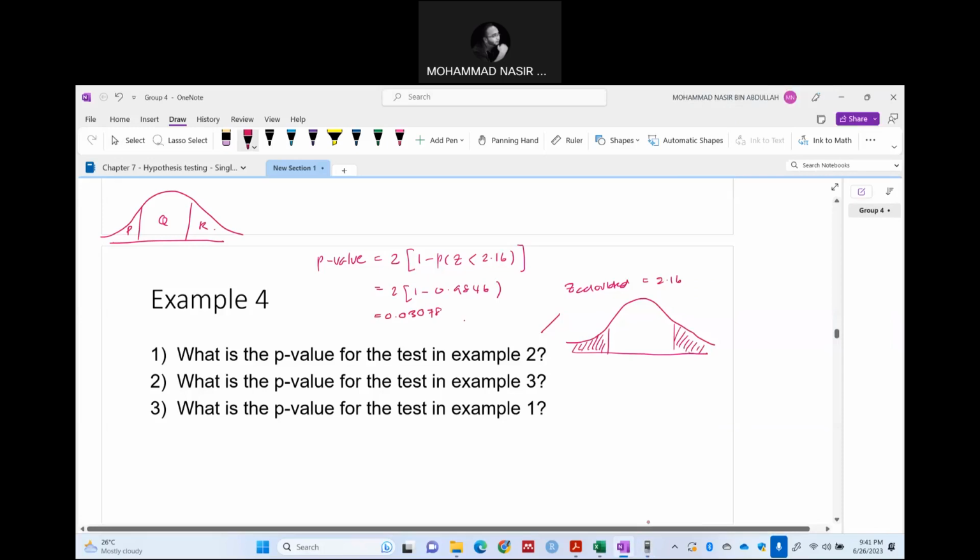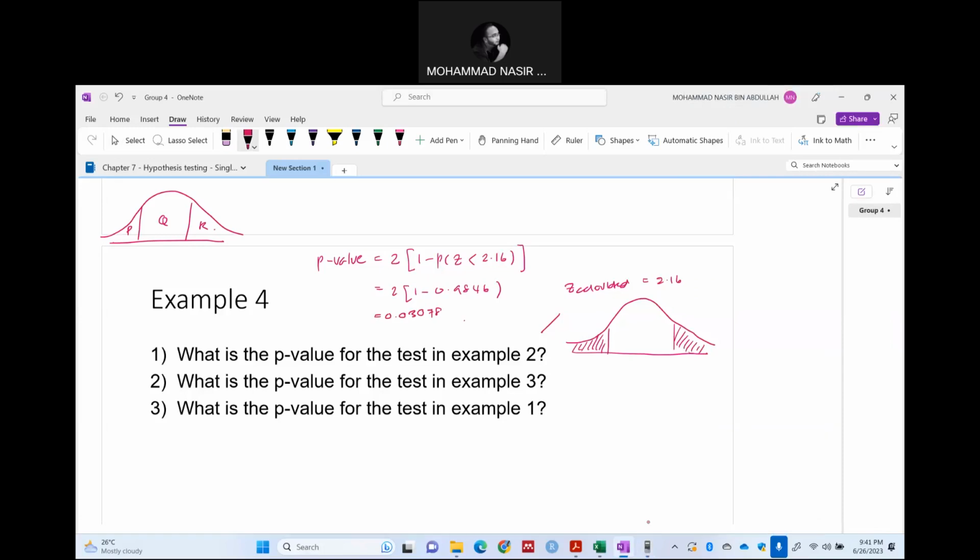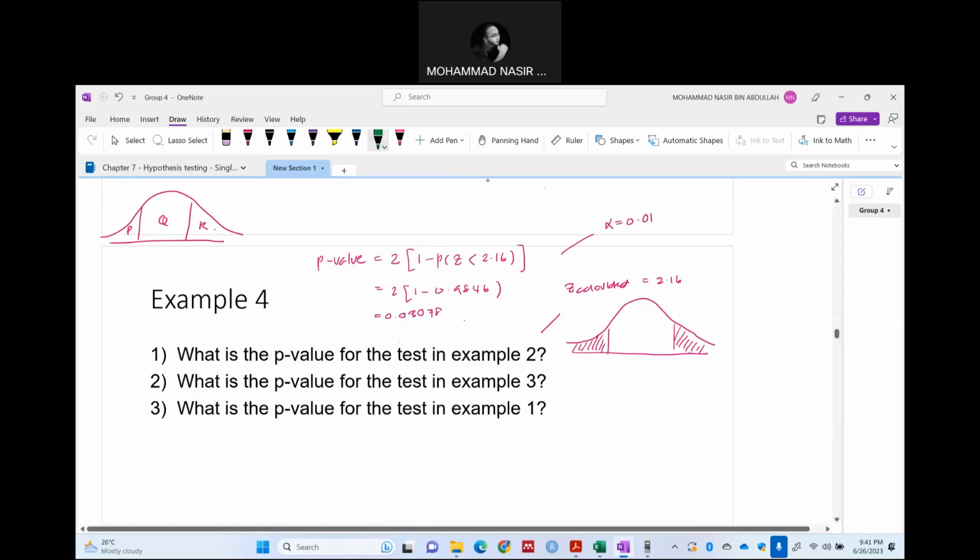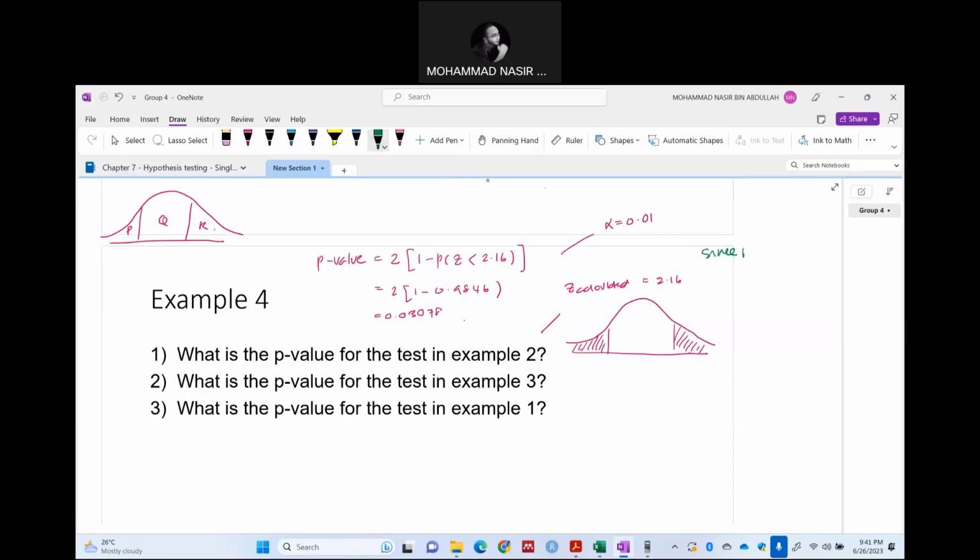Can? So the decision rule: if the p-value is less than alpha, we reject the null hypothesis. In this example number 2, alpha is equal to 0.01. So since the p-value is 0.03, more than alpha, the null hypothesis is accepted.